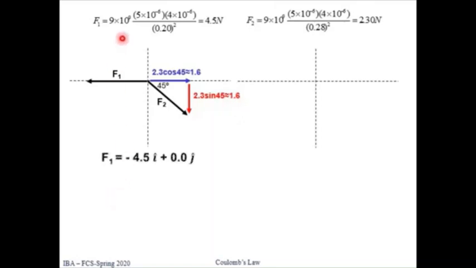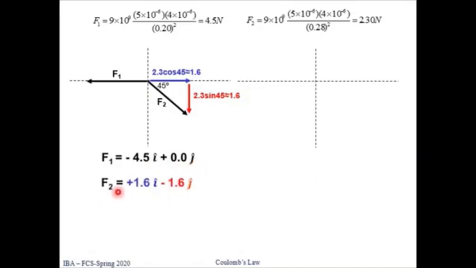So let me write these values in vector notation. F1 is equal to minus 4.5 i cap, where i cap is the unit vector along the x-axis. The minus sign is there because F1 is along the negative x-axis, and no vertical component exists in F1, so we just put 0 j cap.